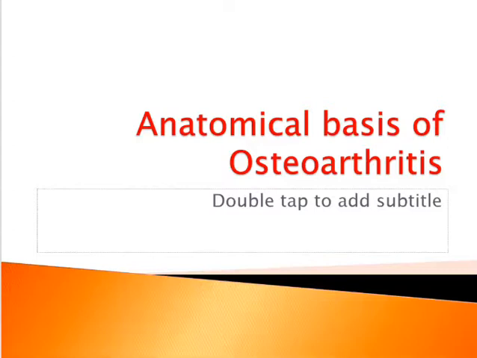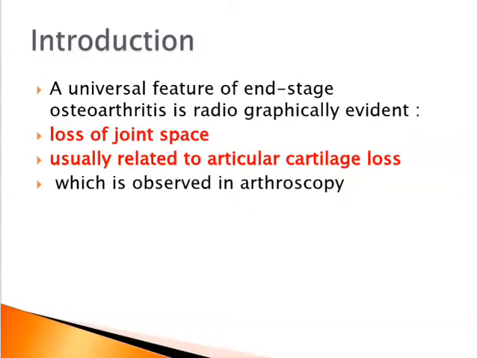Then we go to anatomical basis of osteoarthritis. A universal feature of end-stage osteoarthritis, radiographically seen, is loss of joint space, and associated with articular cartilage loss.